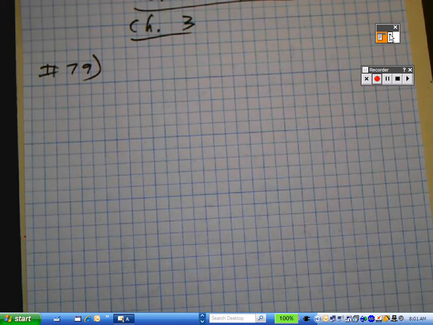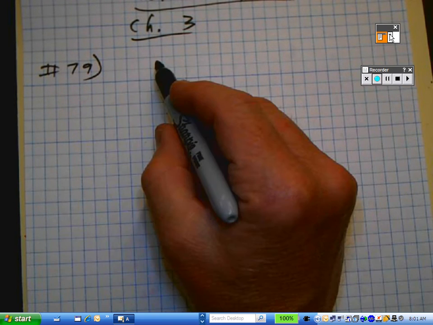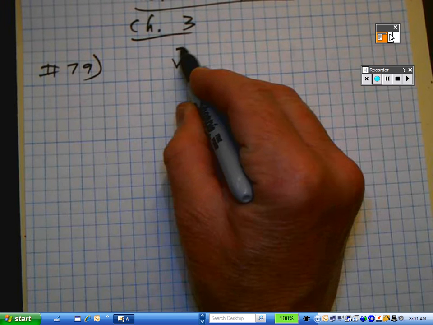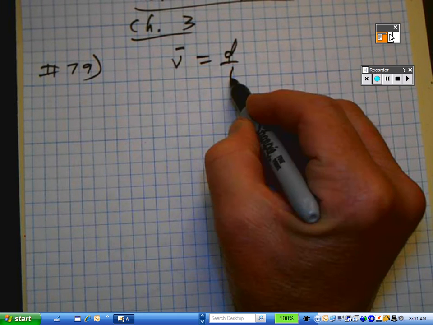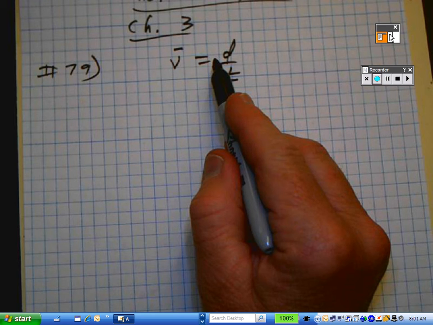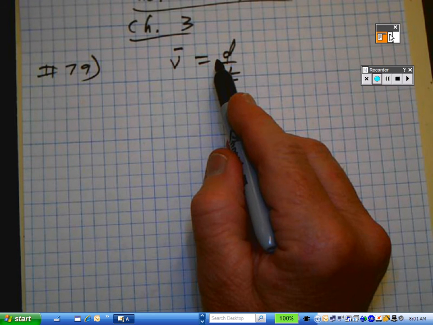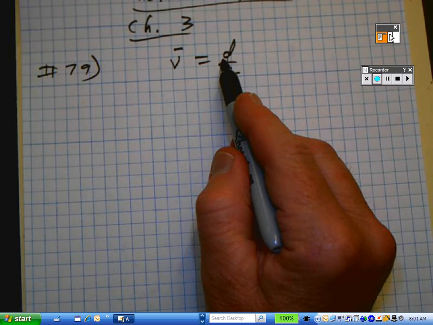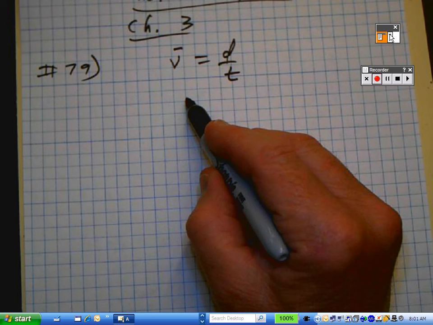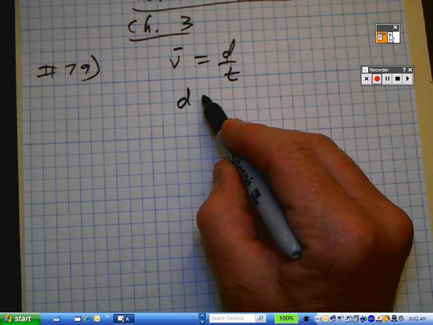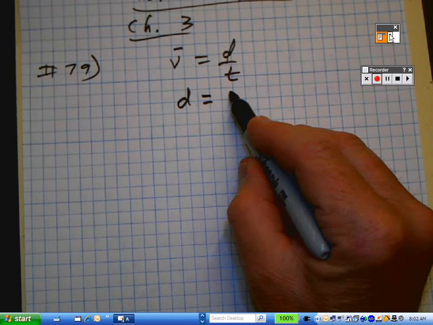As you look at number 79, if an object like a car goes at constant velocity, this is the time that you use the average velocity formula of just d over t. We use this formula whenever you're going at constant velocity or a steady velocity, as these cars are doing. So you might begin this process by using the displacement the car travels, velocity times time.